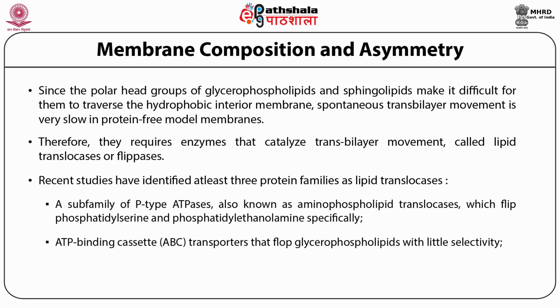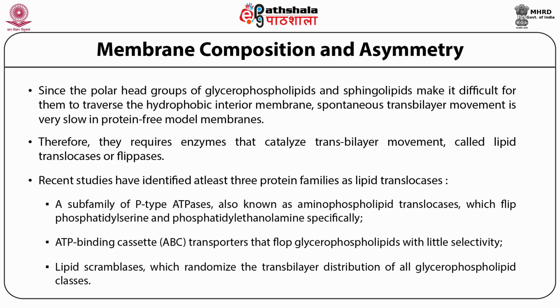The third family is the lipid scramblases, which randomize the transbilayer distribution of all glycophospholipid classes. So we have three types of translocases: one flips some phospholipids, another flops some phospholipids, and another randomizes them.